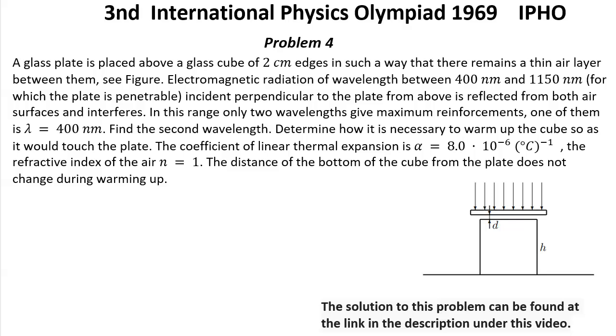A glass plate is placed above a glass cube of 2 cm edges in such a way that there remains a thin air layer between them. See the figure.